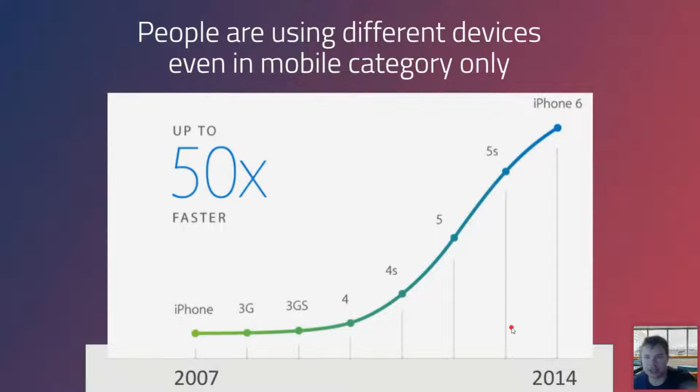And I dug a little bit, and Apple claimed that from 2007 to 2014, the performance went up 50 times. So that means, okay, that's fine. We have this improvement. That means we can give higher quality models, more detailed, more textures.